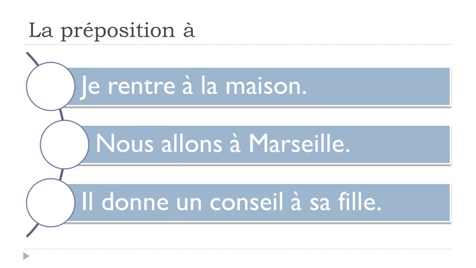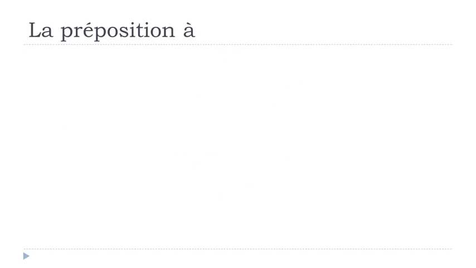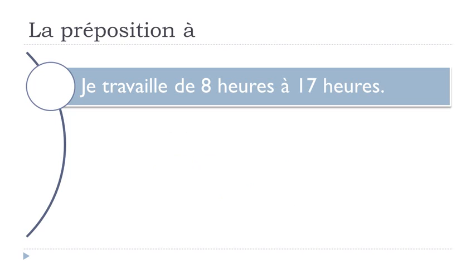All right, and now we'll see the second use of this to, when it's combined with the preposition de, like here. So de would be from, and then you put something, and à will be the to.